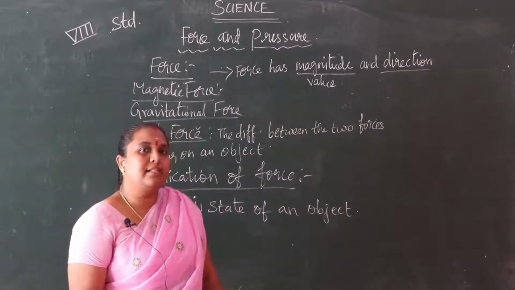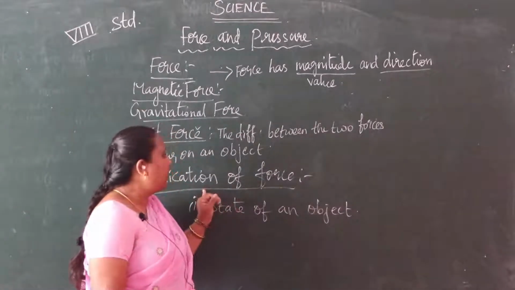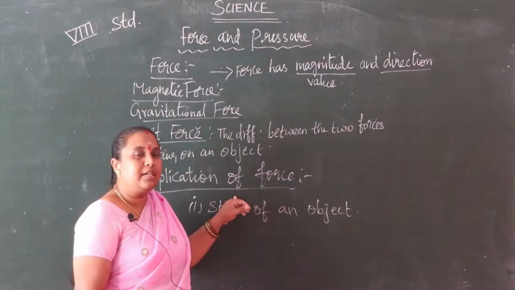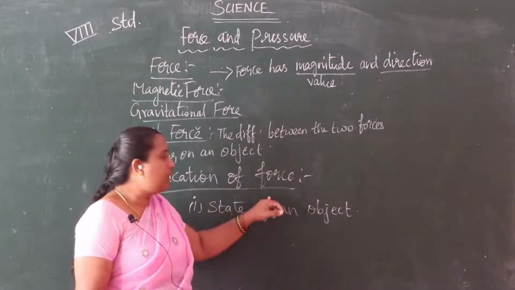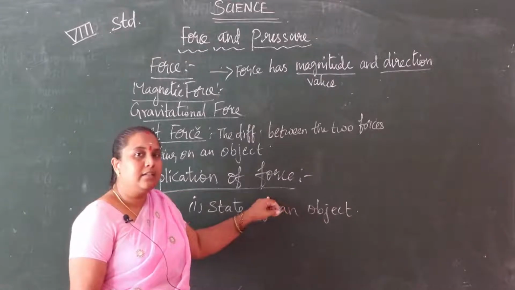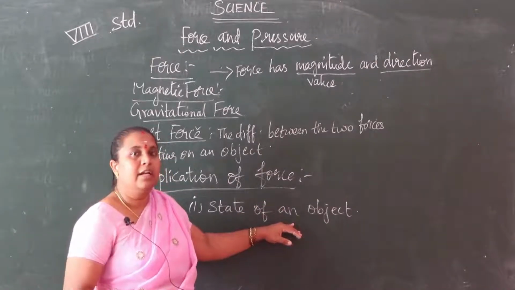Here we call it velocity. So we are giving a force to the object. That object is at rest, and after we give a force, the object moves. The state of the object differs. It moves.